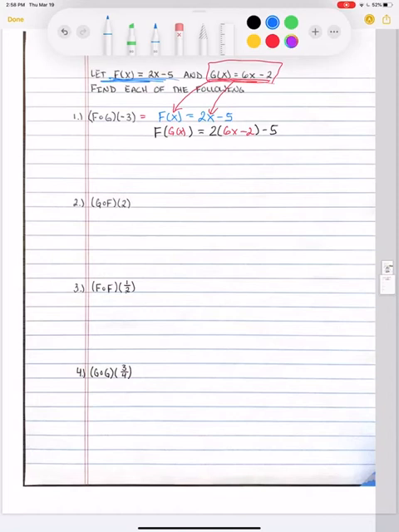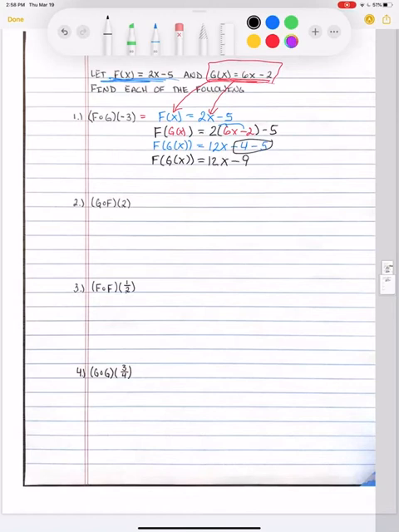Okay, so I'm going to rewrite my name, f of g of x, and it equals 2 times 6 is 12, so 12x. 2 times negative 2 is negative 4, and then I have the negative 5 at the end. Combining my like terms, f of g of x equals 12x minus 9.